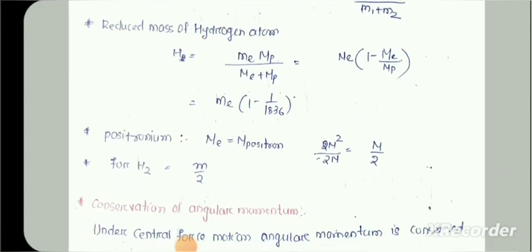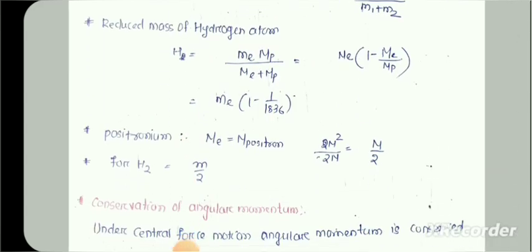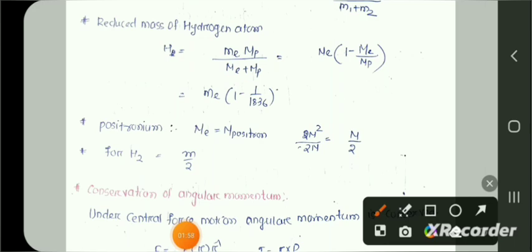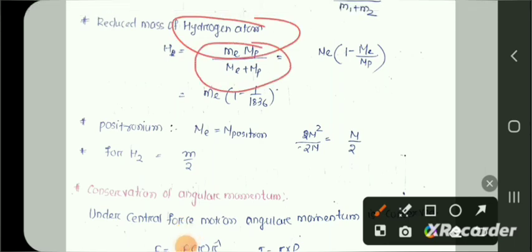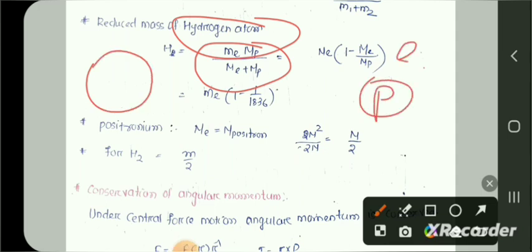Now let us discuss an example, the hydrogen atom. In the hydrogen atom, there is a proton inside the nucleus and an electron revolving around the nucleus.